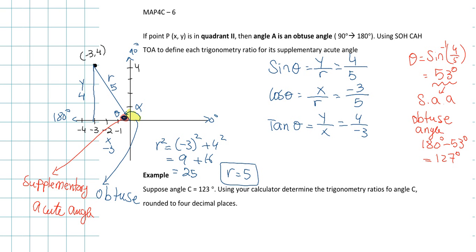Do cos inverse. 127. So if you use the cos and you did cos inverse of negative 3 over 5, it's giving you 127. So the calculator is giving you which answer? The obtuse angle. So that's why I'm saying you have to be aware of what the calculator is giving you.